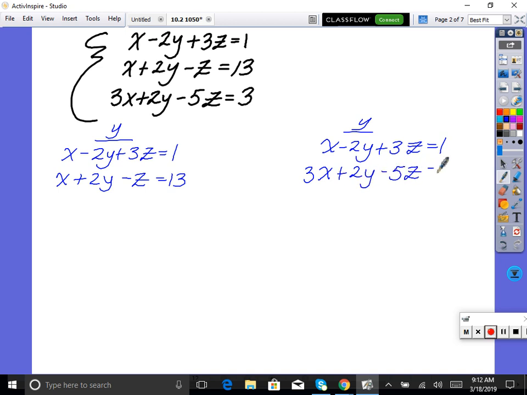Are you guys trying this, or are you just talking and chatting out there? We chose to eliminate Y, so I paired two different equations together. It doesn't matter though, you can pick any two, but you can't do the same one twice, you know what I mean?